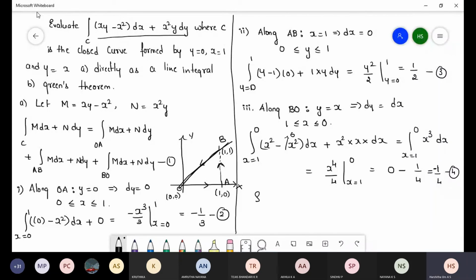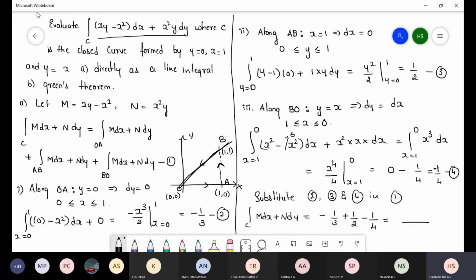Now substitute 2, 3 and 4 in equation 1. So the integral over the curve C, m dx plus n dy, is equal to minus 1 by 3 plus 1 by 2 minus 1 by 4.